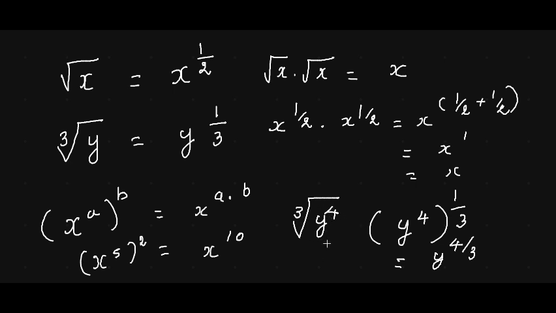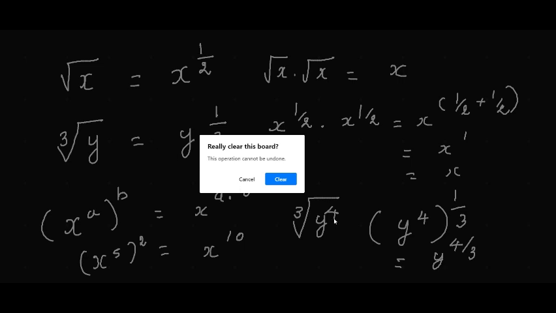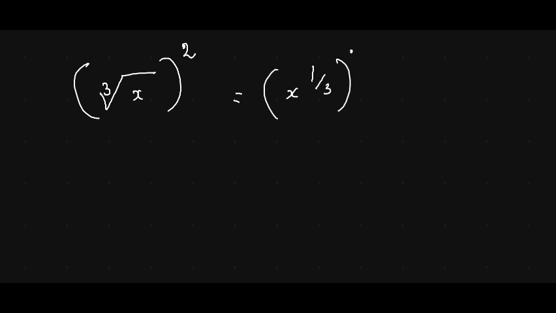I'm not having space here, so let me clear the board again. What I'm trying to say is, if you have the cube root of x, the whole to the power of 2, that is equal to x to the power of 1 by 3, the whole to the power of 2.